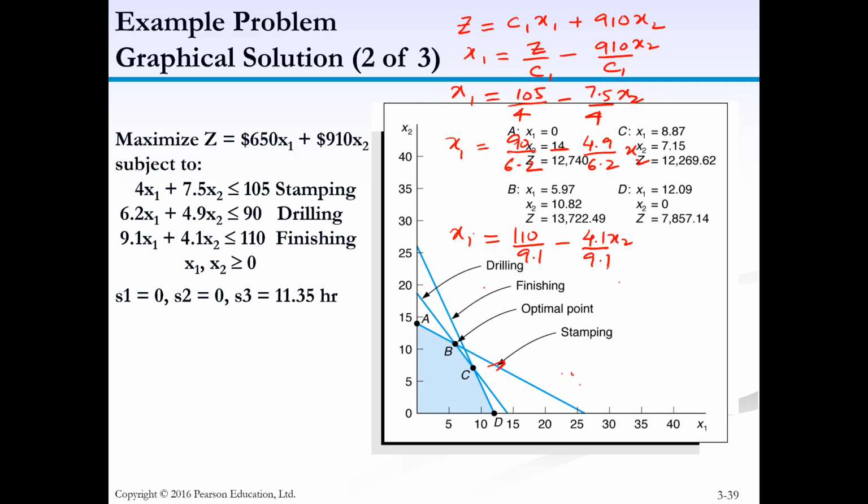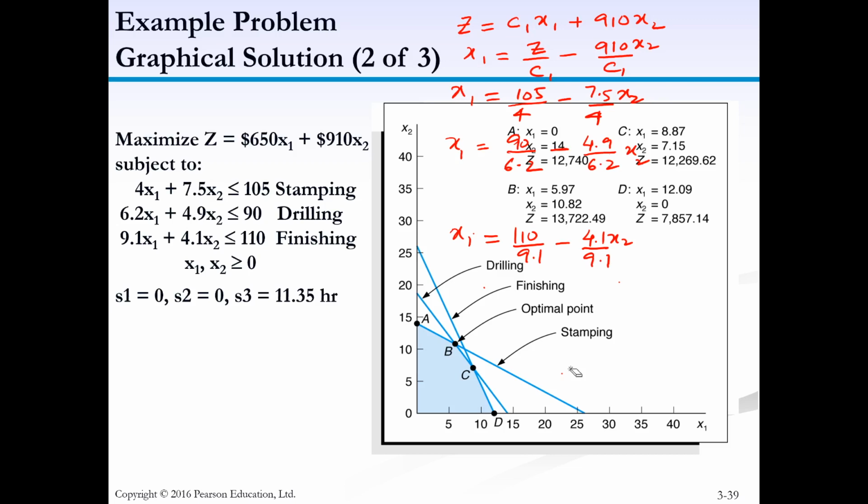Okay, now we equate the objective function slope with the slopes of these three constraints to find out the range: how much the objective function coefficient changes such that the optimal point remains optimal.